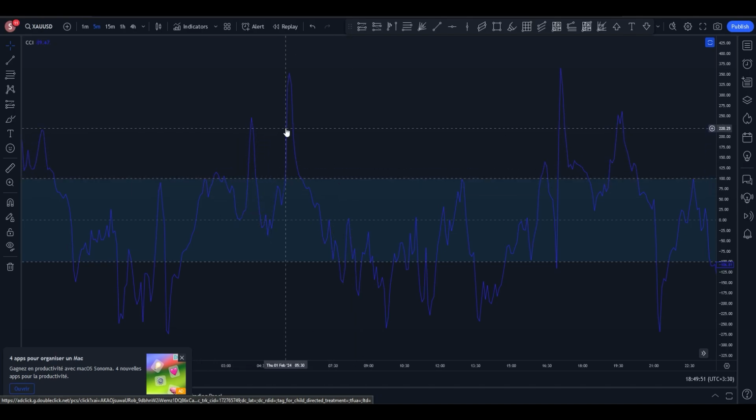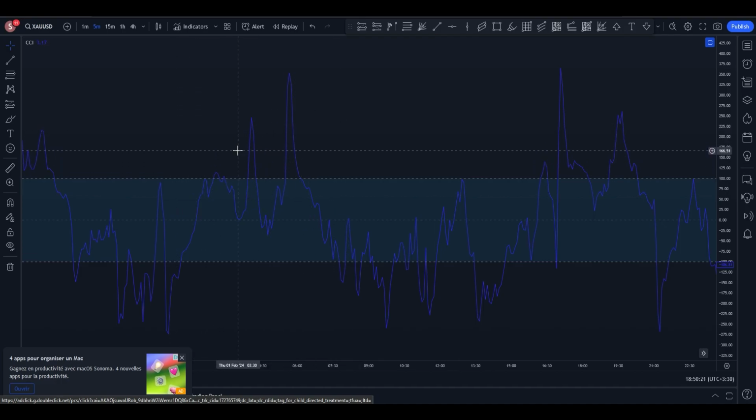When the CCI crosses above 0, it indicates a bullish trend. When it crosses below 0, it indicates a bearish trend. Traders can enter or exit trades based on these crossovers, depending on their trading style and risk tolerance. Threshold. When the CCI reaches a certain level, it can indicate a strong or weak trend.